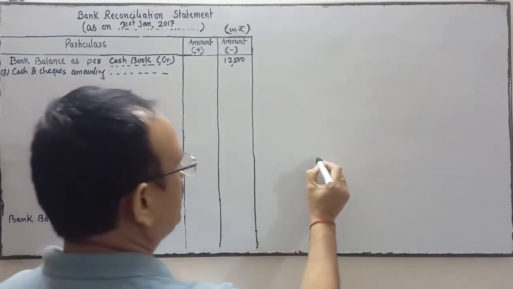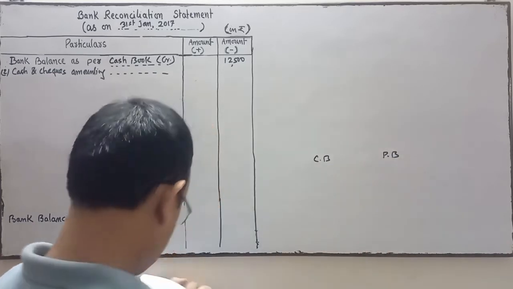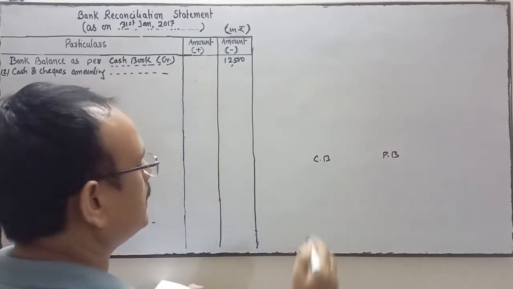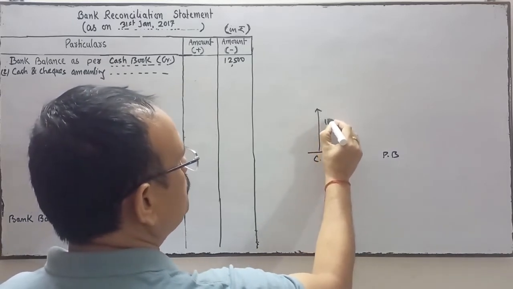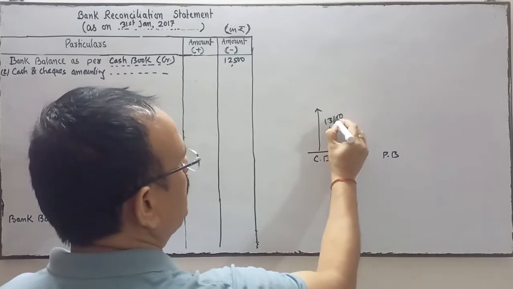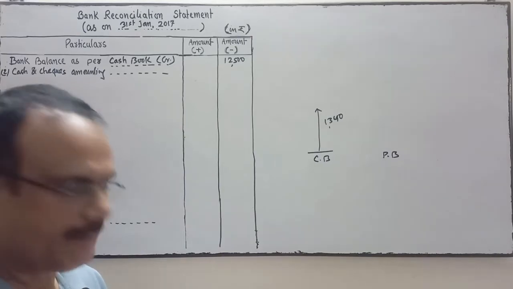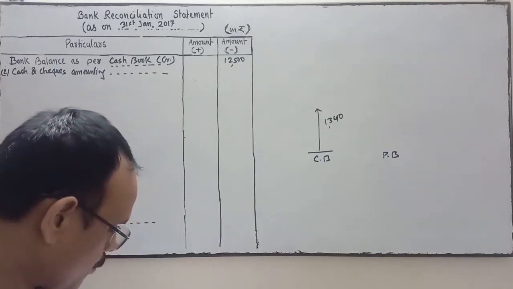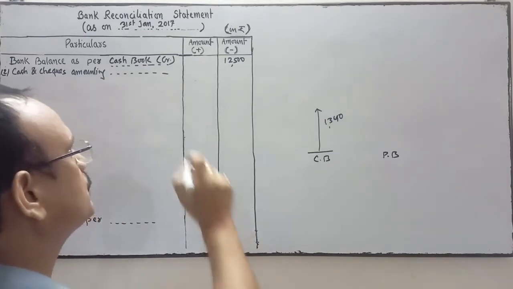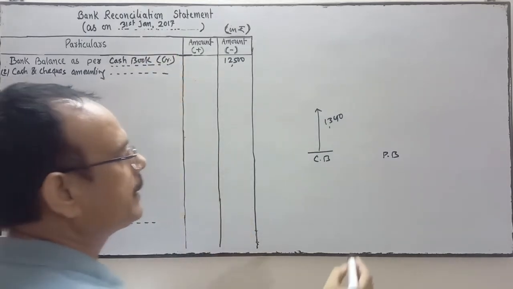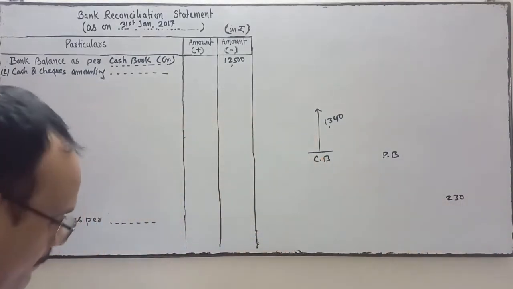So see the cash book and passbook. Checks amounting to rupees 1,340 when sent to bank, the cash book balance is increased by this amount. 1,340 were sent to bank on 27th January, but the check of rupees 230 was credited on 2nd February. It means it is not credited up to this date. The 230 rupees check is not credited up to 31st January.